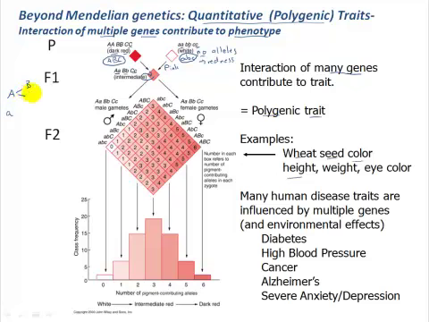So we know we're either going to have a dominant or recessive A allele, dominant or recessive B allele associated with each of those, and then a dominant or recessive C allele associated with each of those.